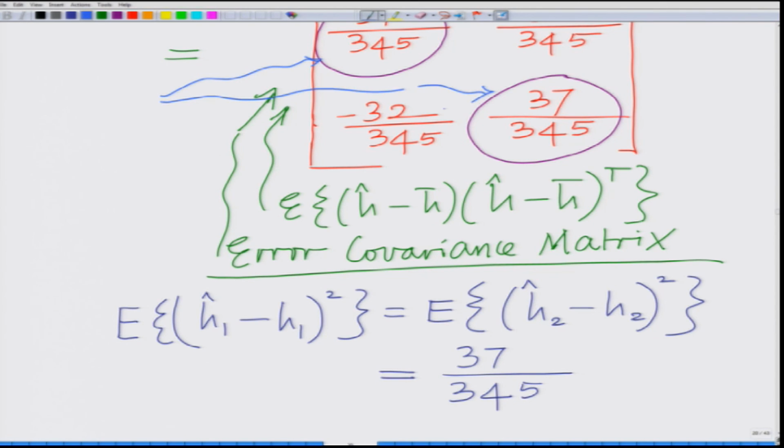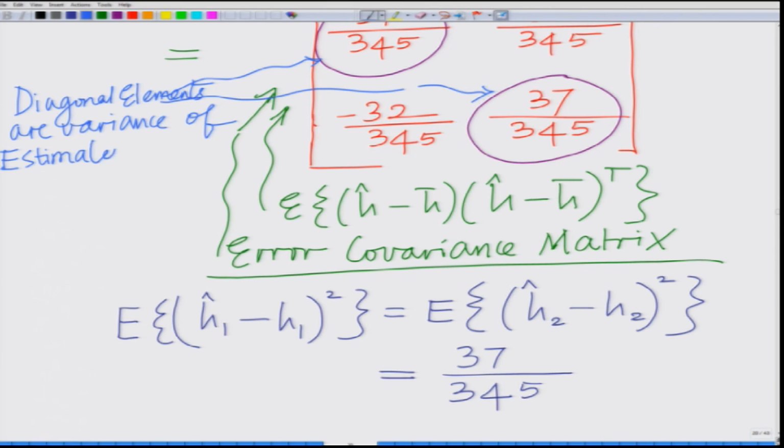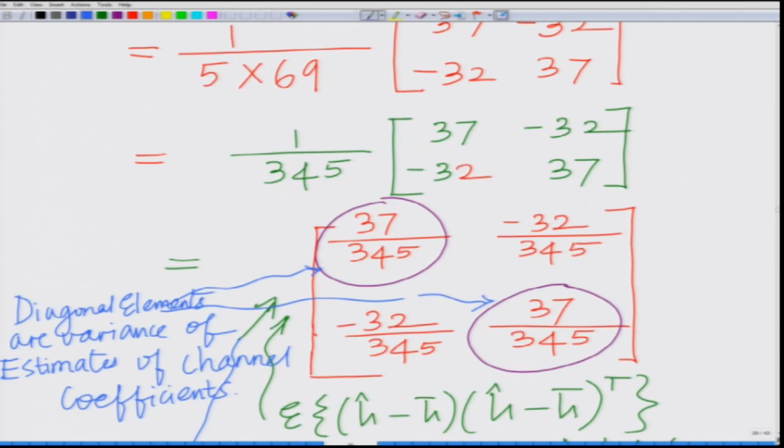These diagonal elements are basically the variances of the estimates of the channel coefficients. Okay. So, the diagonal elements are the variances.